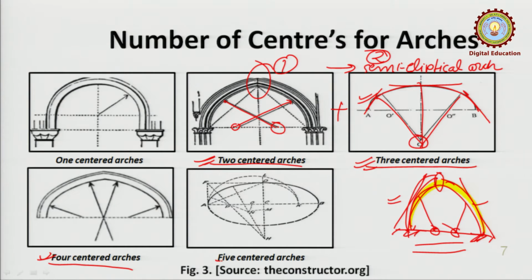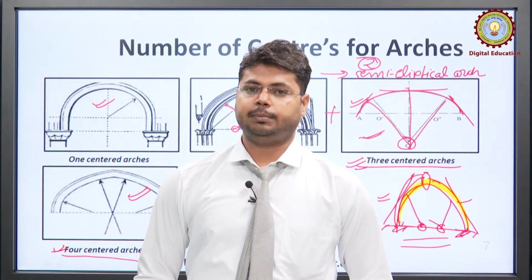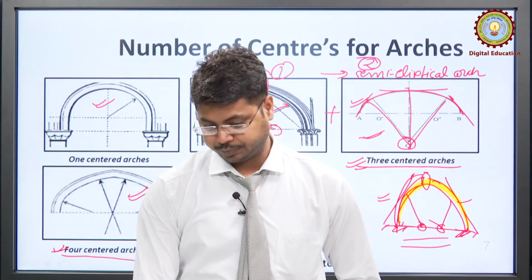And what is the five centered arch? It is the combined form of ellipse, semicircular ellipse, pointer and semicircular is the five centered arch. These are the total five types of arches based on the centers.